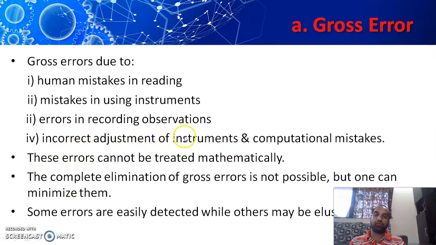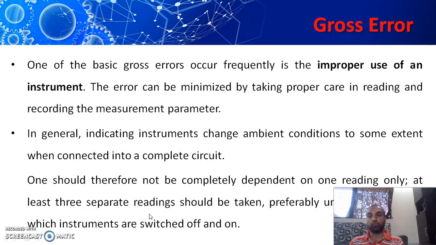If the instruments are not adjusted correctly initially, and the person performs the experiment and reads or records the reading, then these errors are introduced under gross errors. These errors cannot be treated mathematically. The important thing is that complete elimination of gross error is not possible, but one can minimize them. Some of these errors are easily detected, while other errors may be elusive.